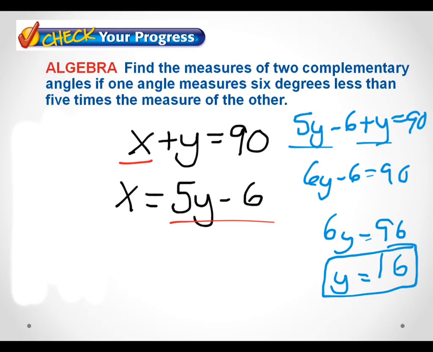What would the other angle be then if they're complementary? 74, right? One angle is 16, one is 74. So that one's 16, the other one's 74. Questions on those? Those are probably the trickiest problems in this section.